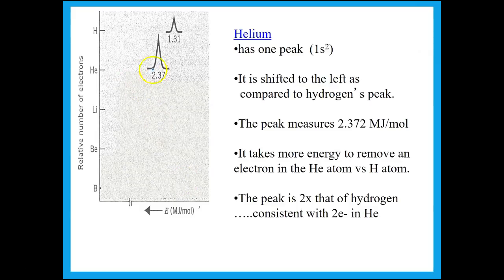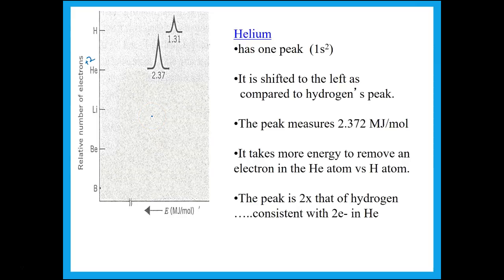Notice something happens. Well, what's happening here first? First of all, helium just increased its nuclear charge by 1. It's got now a nuclear charge of 2, which means it's pulling on those electrons even greater. That means it takes more energy to remove those electrons. So you're going to see everything shift toward greater energy as we go across periods.